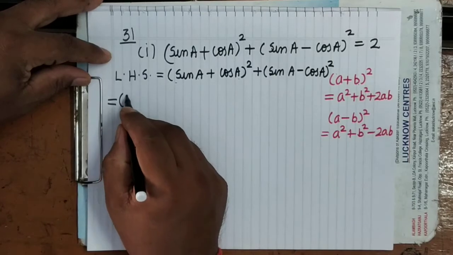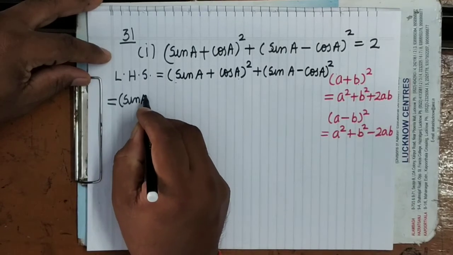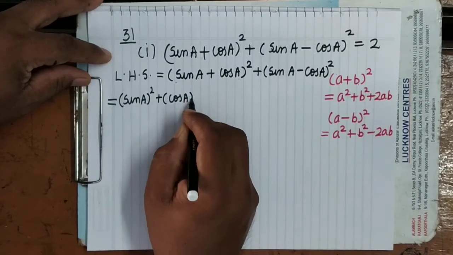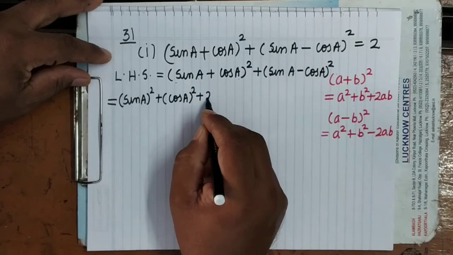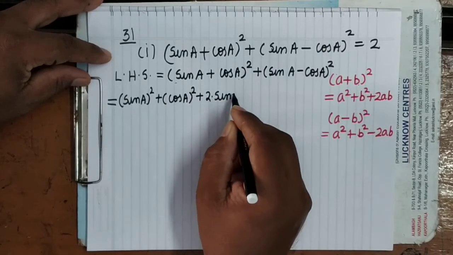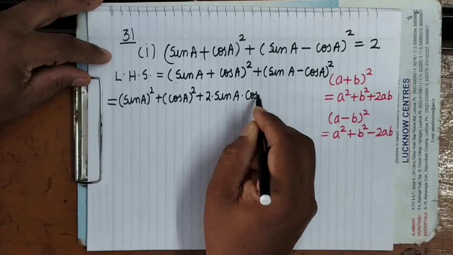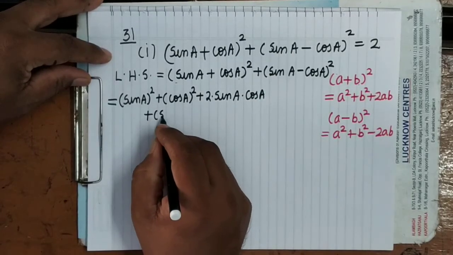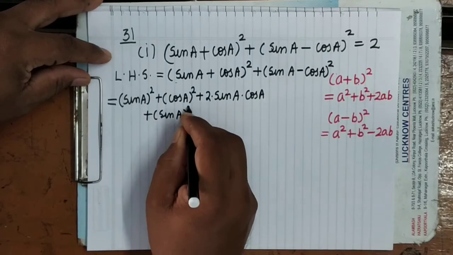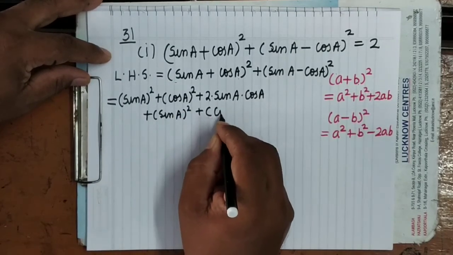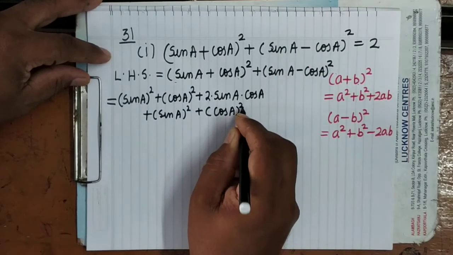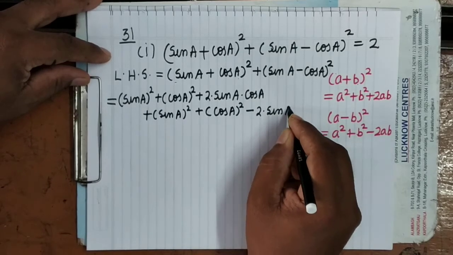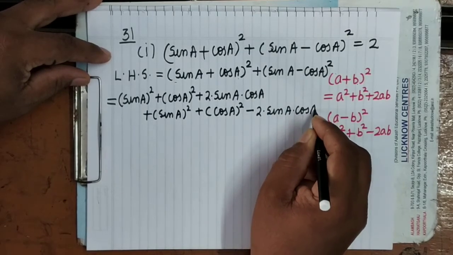Cos A. So it will be sin A whole square plus cos A whole square plus 2 into sin A into cos A. Then (A minus B) whole square you can write as sin A whole square plus cos A whole square minus 2 into sin A into cos A.